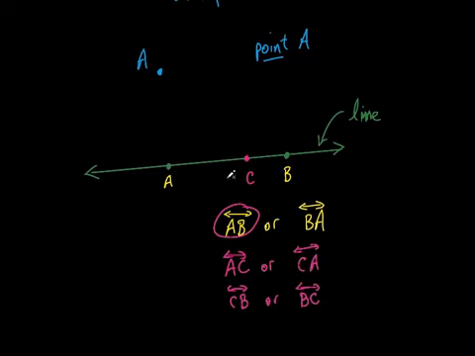A, C, and B. If I have A, C, and B, they all lie on the same line. I should have probably said this up here, but we call that collinear. 2 L's, C-O-L-L-I-N-E-A-R, collinear. Co, I think, means with, all right? That's the prefix. It means with the line, okay? Or they all make up that line. So these are collinear points.